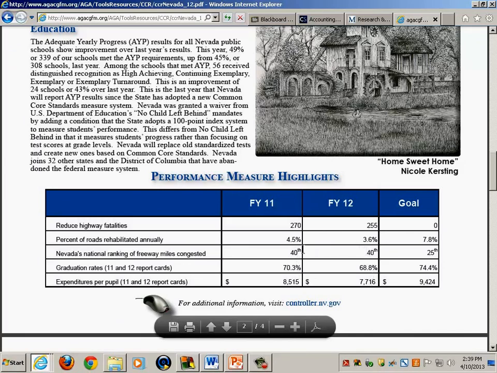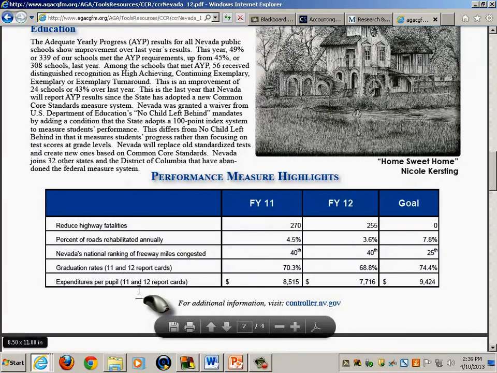This is what GASB has been trying to put forth, requiring governments to report performance information, which governments have resisted. But through the AGA citizen-centric report, they can report these performance measure highlights. So for instance, reduce highway fatalities. Their goal is 0. In 2012, it was 255. In 2011, it was 270.